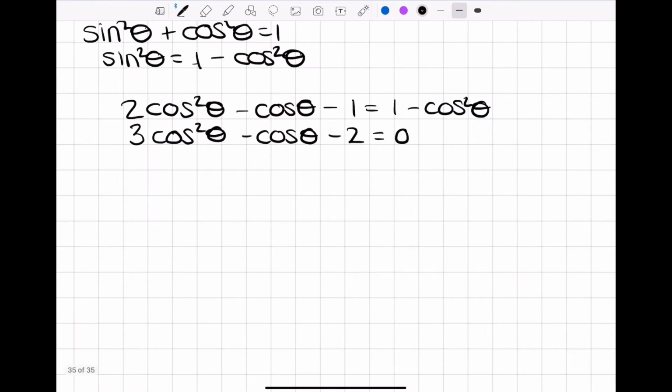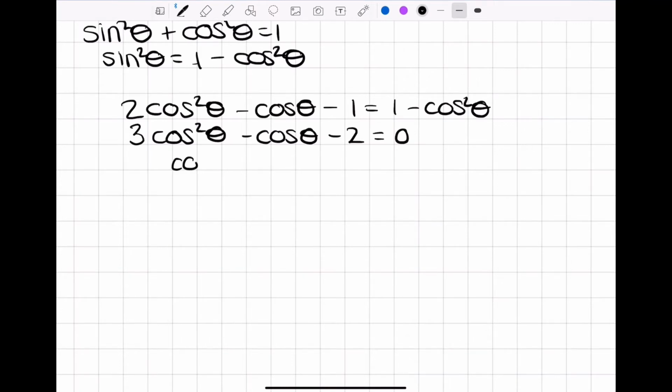Then from this point we can factorise. So from there I'd go probably straight to your calculator to solve 3x squared minus x minus 2.